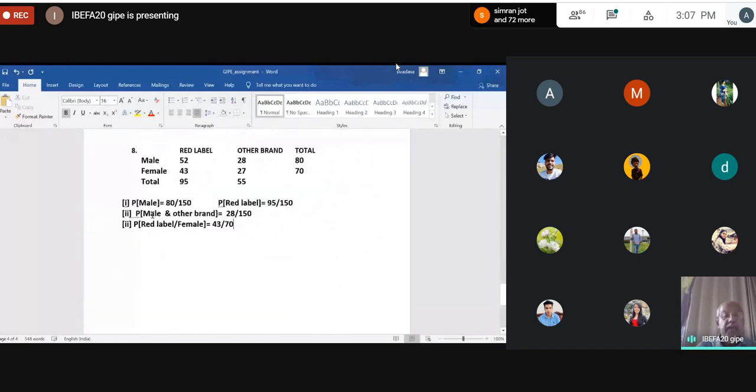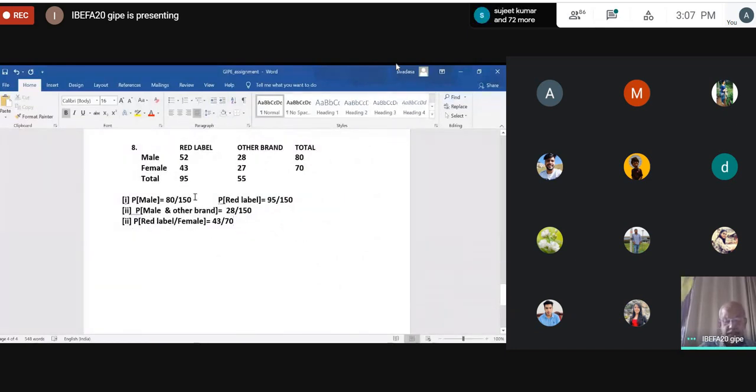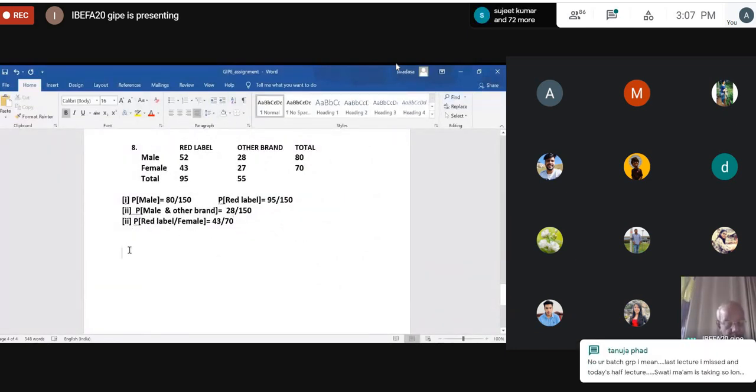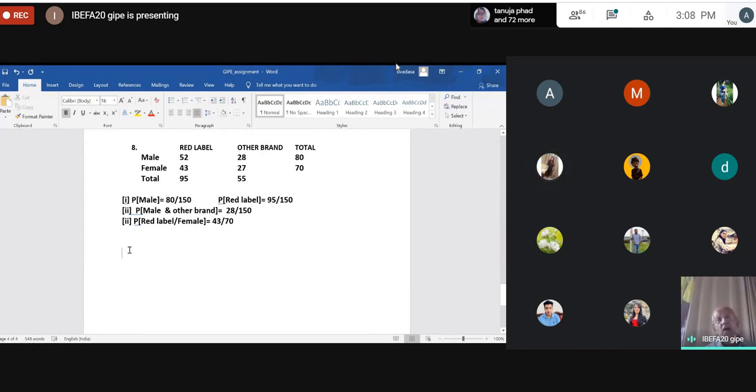I'm going to translate all these examples in function form. Any question before that?